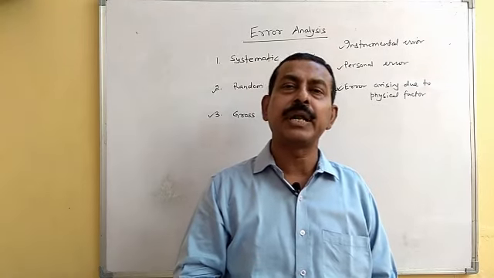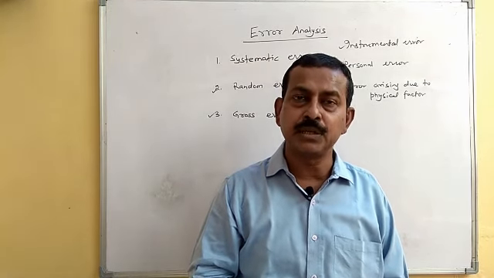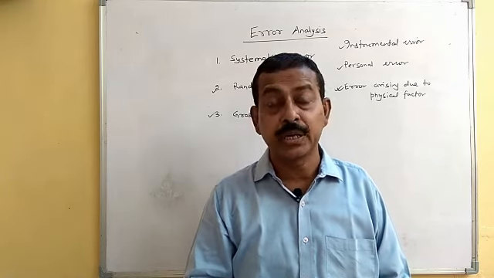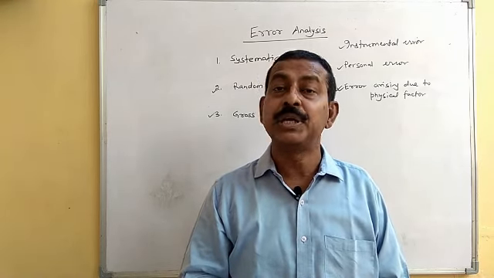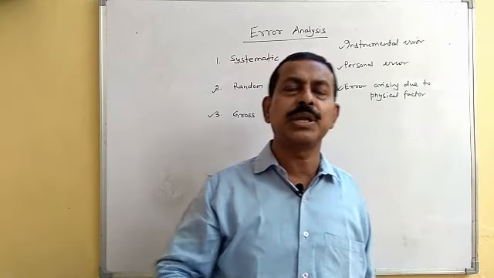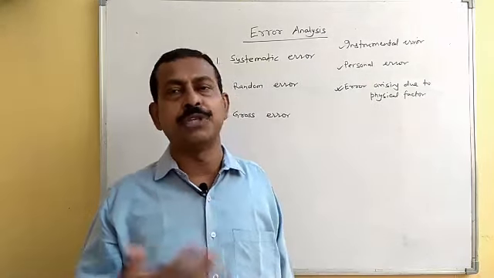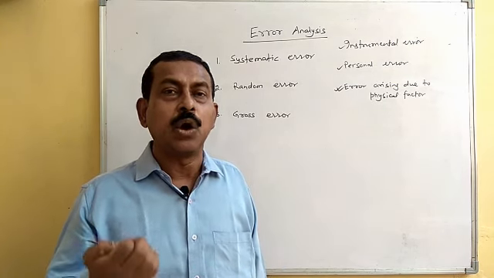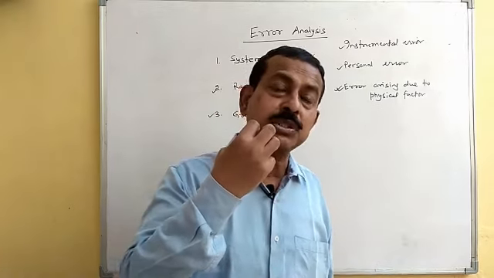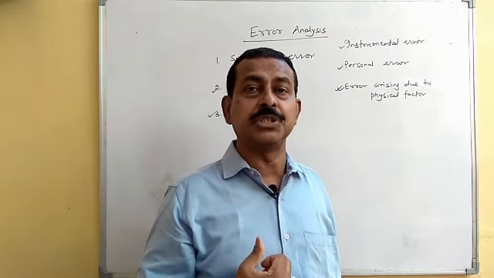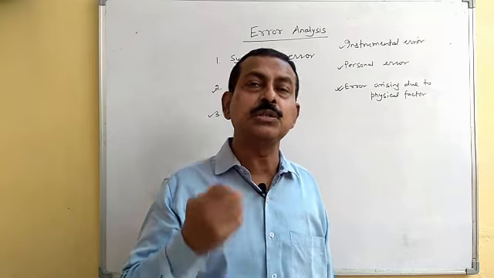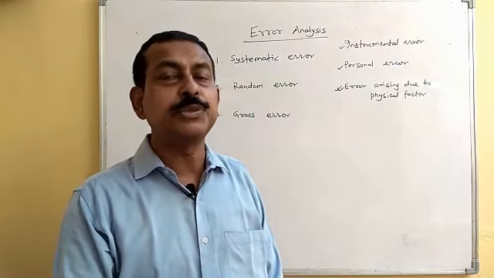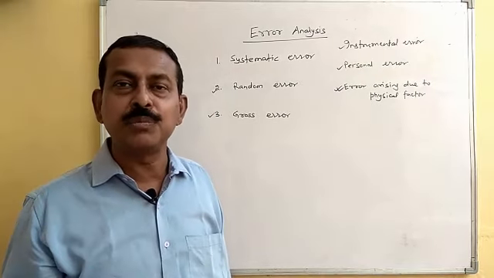Similarly, if in any experiment he takes observations without checking whether there is some zero error, and assumes there is no zero error when there is, obviously it will give a wrong value. Or even if he has taken the observations correctly, when he uses the final result in the calculation part, if he is using a wrong formula, then also there will be error.